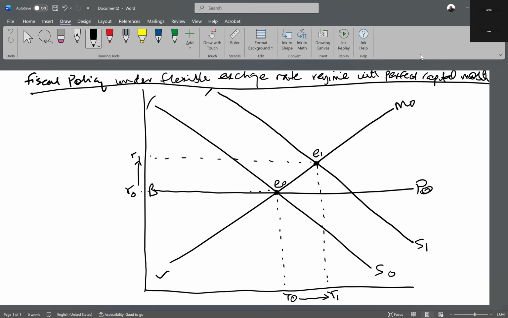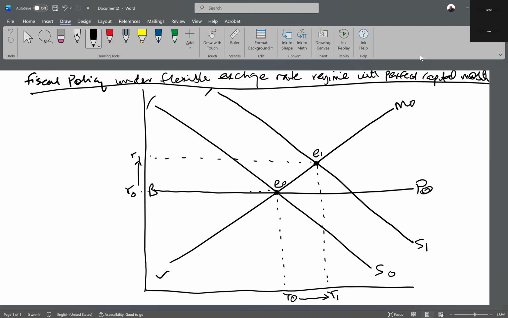Okay. At E1, what is it? E1 is on top of the BP curve. Balance of payment surplus. So there's balance of payment surplus. And anytime we have balance of payment surplus under flexible exchange rate regime, the cedi will appreciate in value.